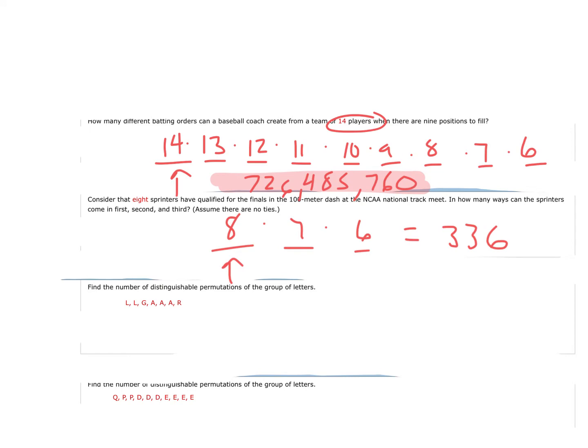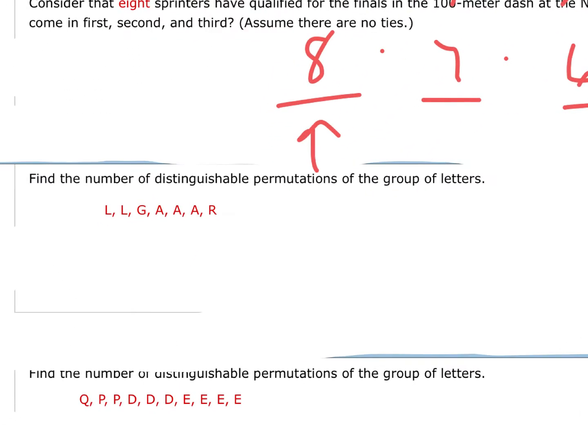All right, the next 2, we have distinguishable permutations. So that is the factorial of the total number of letters we have over the factorial of the repeated ones. So in total, we have 1, 2, 3, 4, 5, 6, 7. 7 letters.